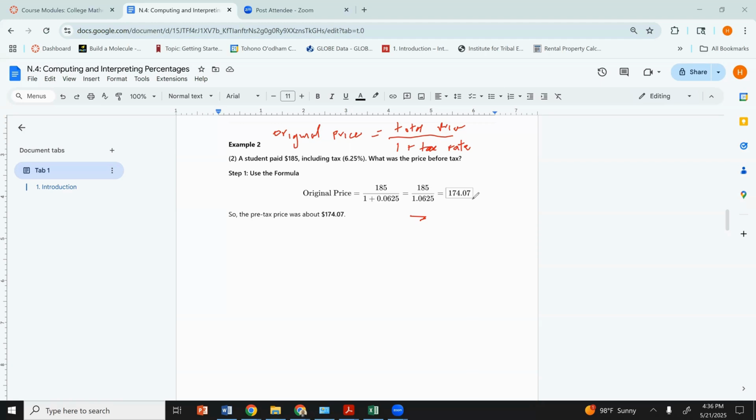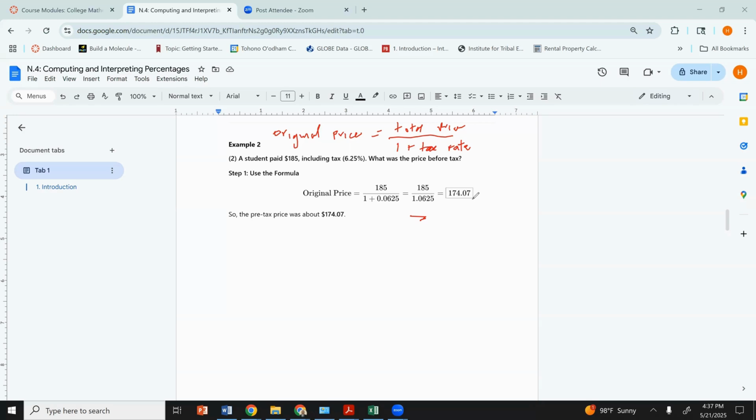So this means that the student was supposed to pay 174.07 before tax, but after applying the 6.25%, that number went up, and in total he paid 185. So if we remove the effect of the tax, it's going to be 174.07.